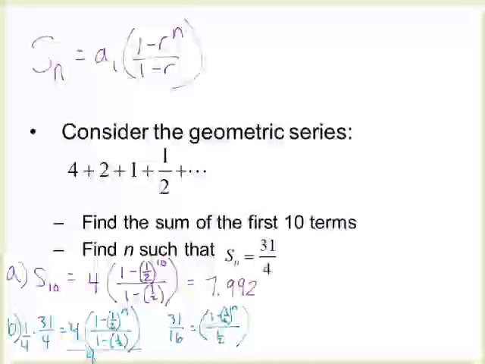So I'm going to do that arithmetic there. Then I want to get rid of that half that's on the bottom of the fraction. I'm going to do that by multiplying both sides by a half. Whenever you want to cancel the denominator, you just multiply by it. So that gives 31 over 32 equals 1 minus a half to the n.